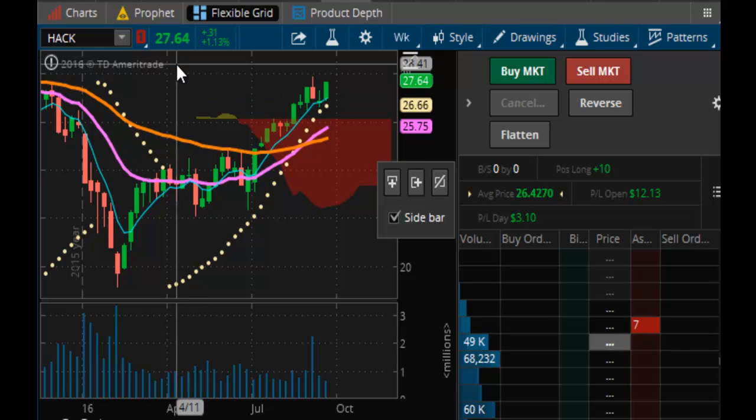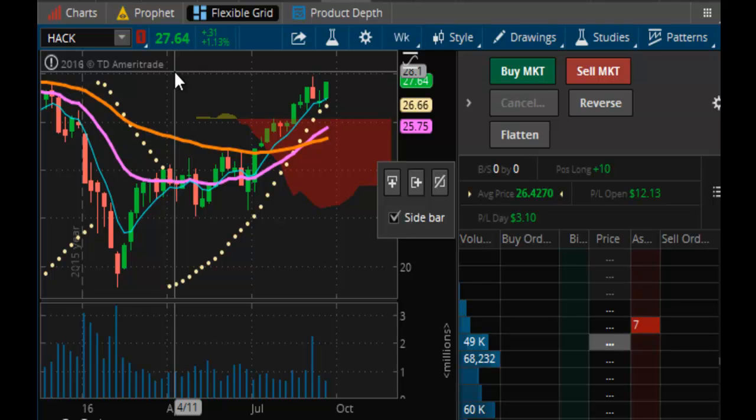Well, it's already at 27.64. So either the computer is going to reject that order and say the market's already higher than that, please put in a price above the market, or it just may go ahead and execute me immediately, and turn it into a market order. Depends on your broker, depends on the software you're using.